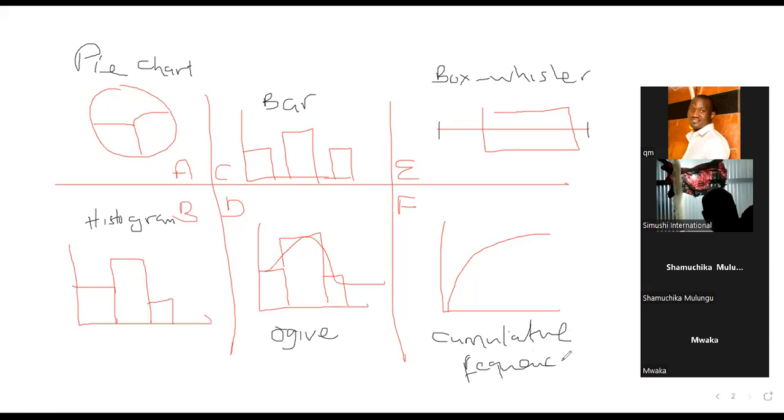Now, we're going to look at, under data presentation, 2 types of information. There's what we call quantitative data and qualitative data.